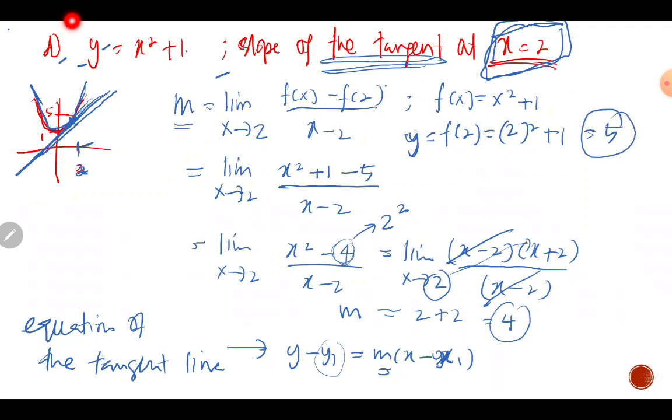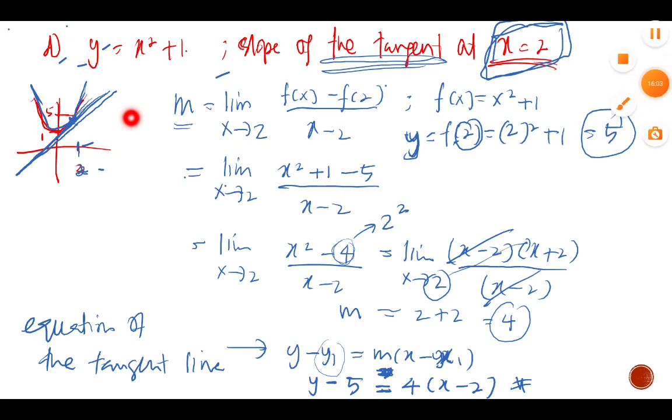So we have the answer already. y minus 5 equals to 4(x minus 2). So this is your final answer or the equation of the tangent line. Okay, for question D. Alright.